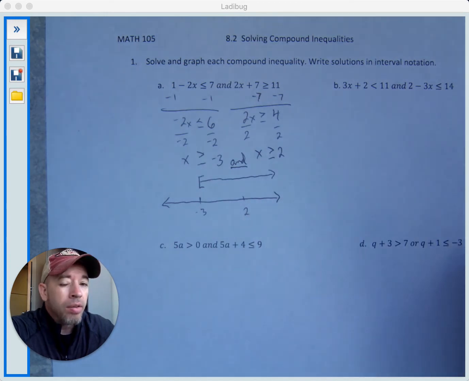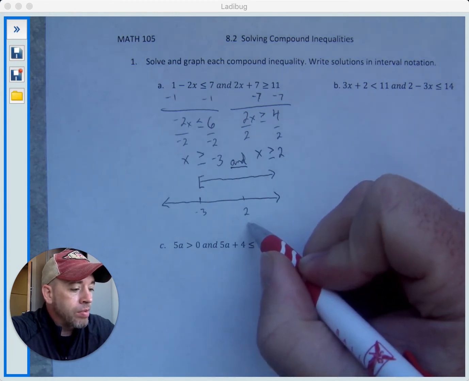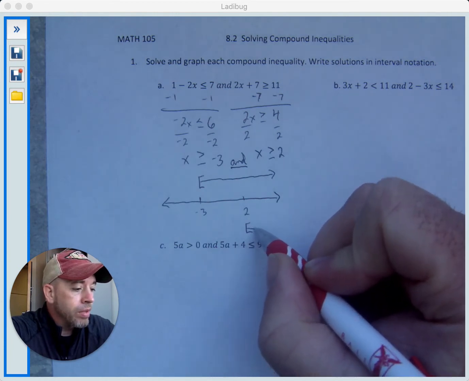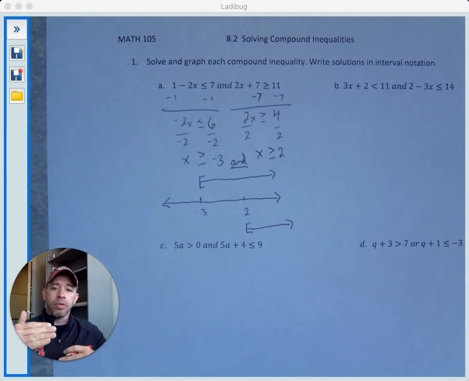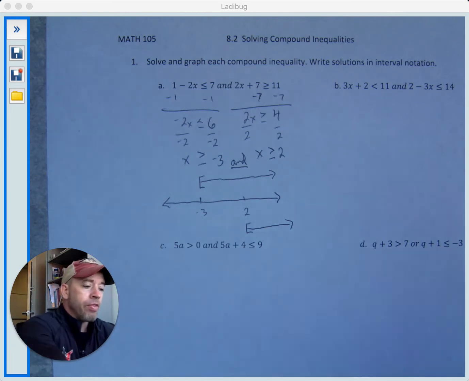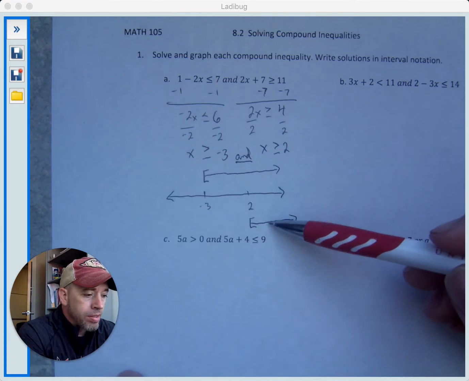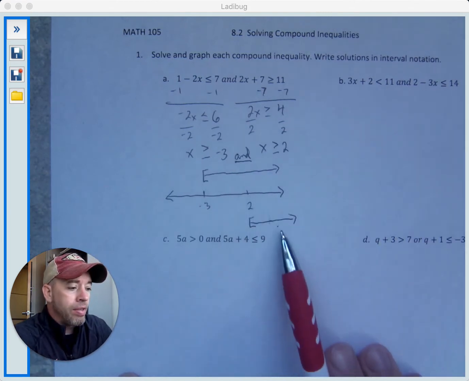And x is greater than or equal to 2. Well, we'd have a bracket. I'm going to do this one below, and we'll go this way. And the question is, where do those intersect? If we were to bring those together to the middle of the line, where would they overlap? We can visualize that hopefully in our head. If we brought this one up and that one down, they would overlap only on this piece here.